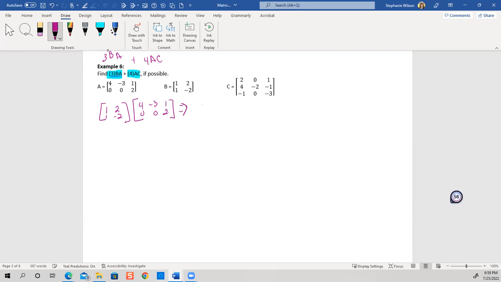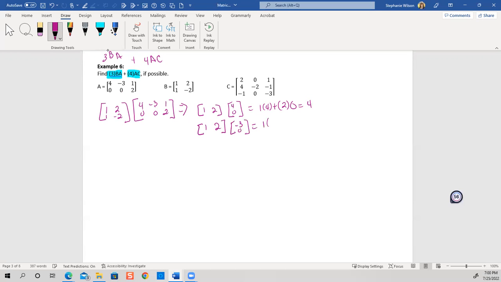So what we're going to have is row 1 times column 1. So I have 1 times 4 plus 2 times 0. And some of you are going to see the shortcut, and that's all right if you want to do that. I'm going to be consistent with just sticking with this pattern.